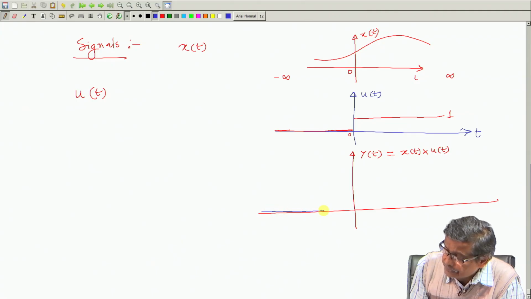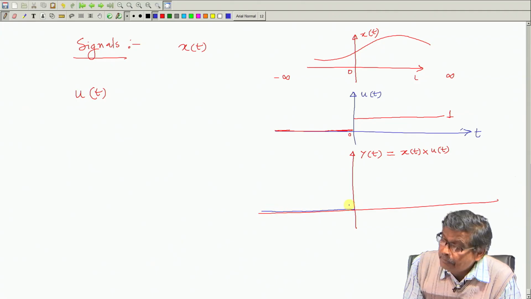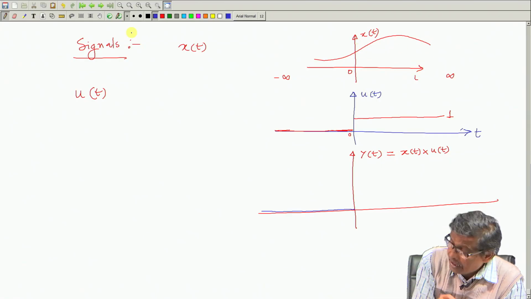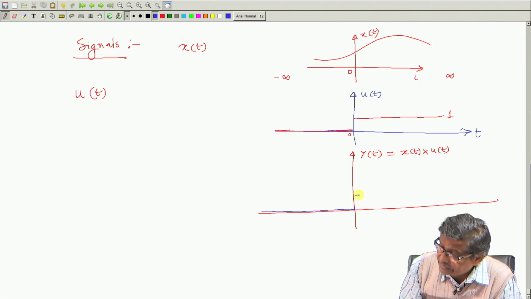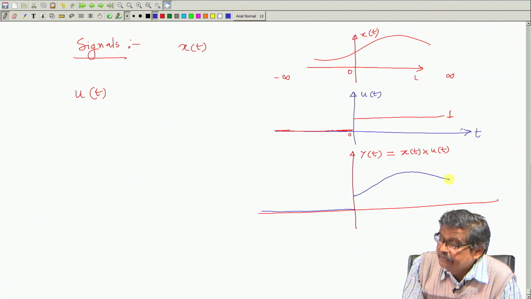But for t greater than 0, these ordinates get multiplied with 1 and the signal will be just like this.